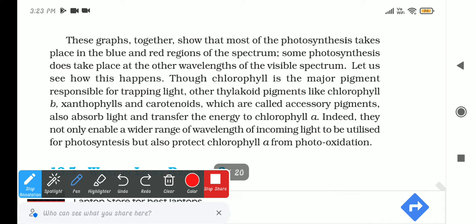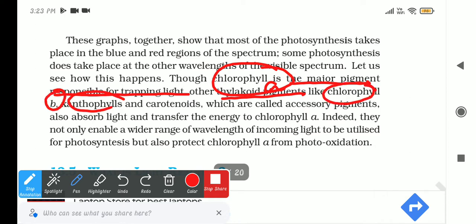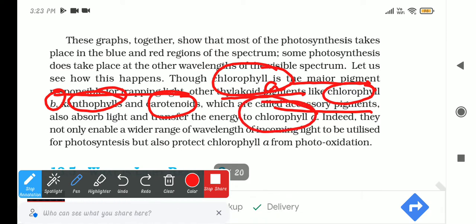It is written that chlorophyll A is the major pigment responsible for trapping light, but other thylakoid pigments like chlorophyll B, xanthophylls, and carotenoids are called accessory pigments because they also absorb some light and transfer the energy to chlorophyll A. They are not directly doing it, but they are helping chlorophyll A as well. So they also have some function to do. That's why these are accessory pigments.